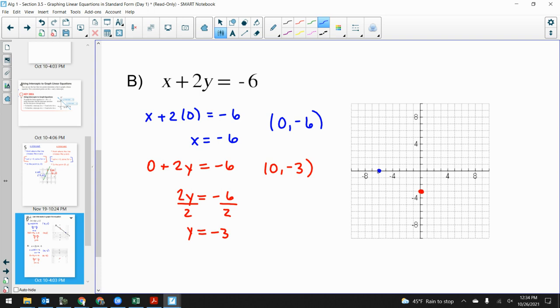And this is right here. And now I plot my line between them. Arrows and full line. Do not just connect your intercepts. All the way through the edges of the graph.